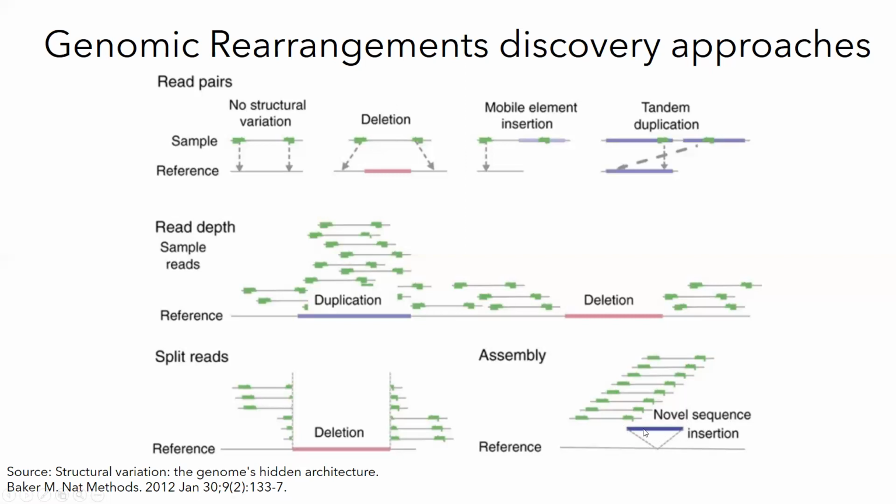It hasn't been inserted into the reference. So these are the four methods that we use in order to detect copy number variation using whole NGS data. Do you have any other questions?